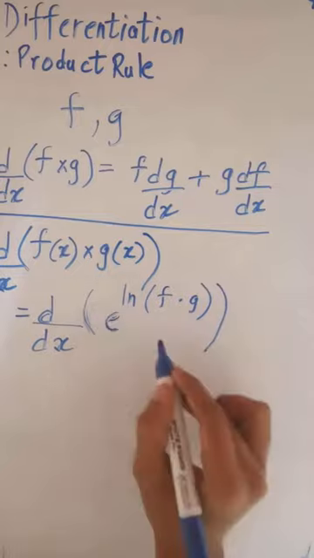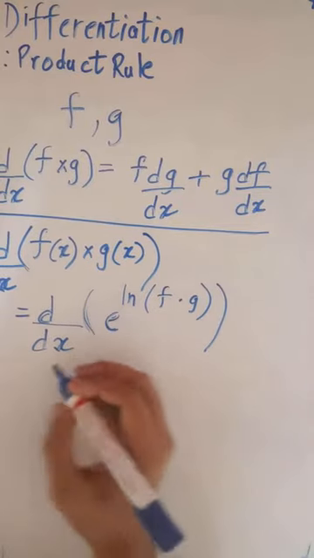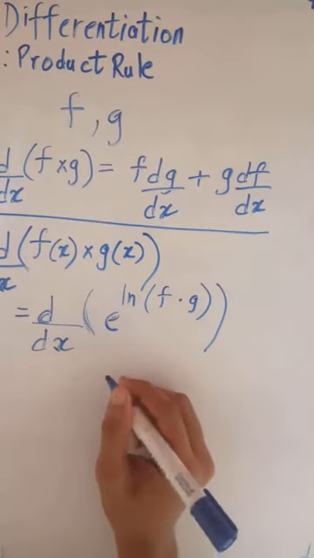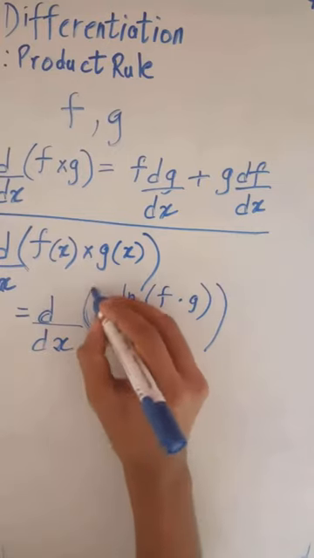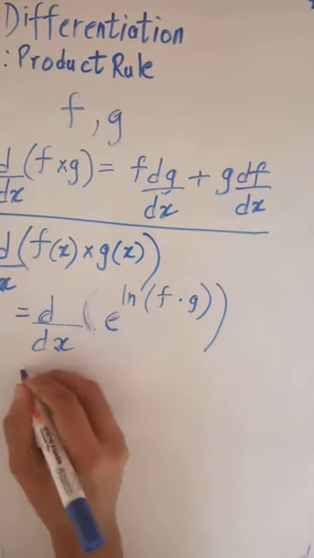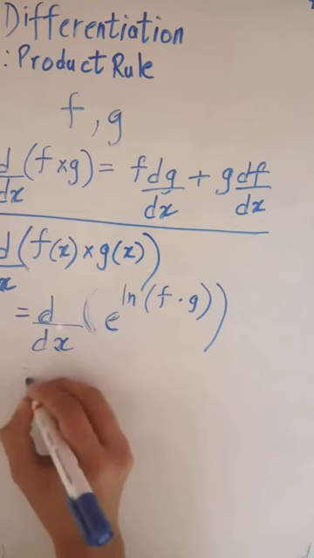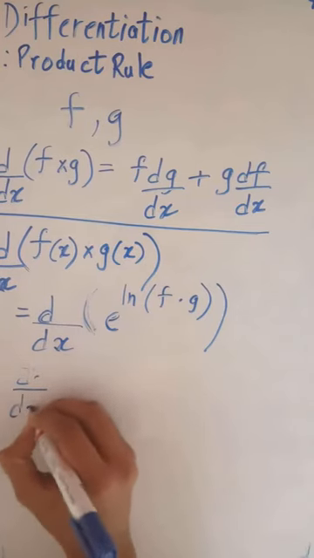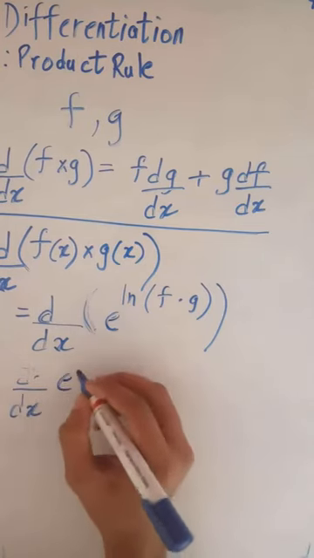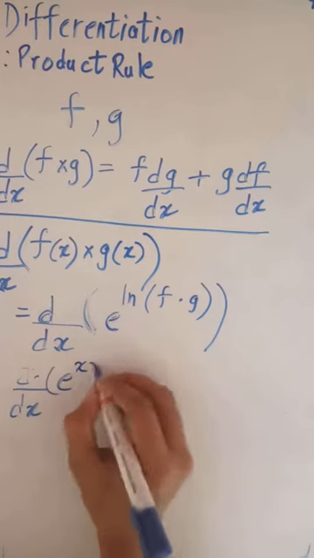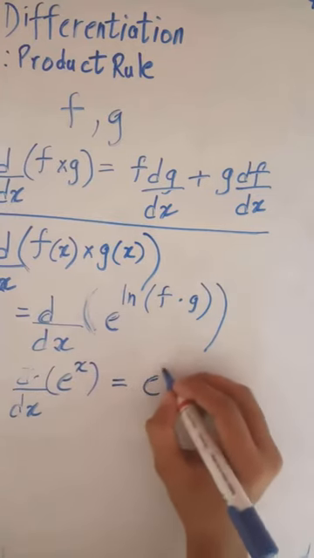So I haven't done much, I've just rewritten this in a more fancy way, because this is a very clever way of writing it. Since we know that the derivative of the exponential function is in fact just the exponential function.